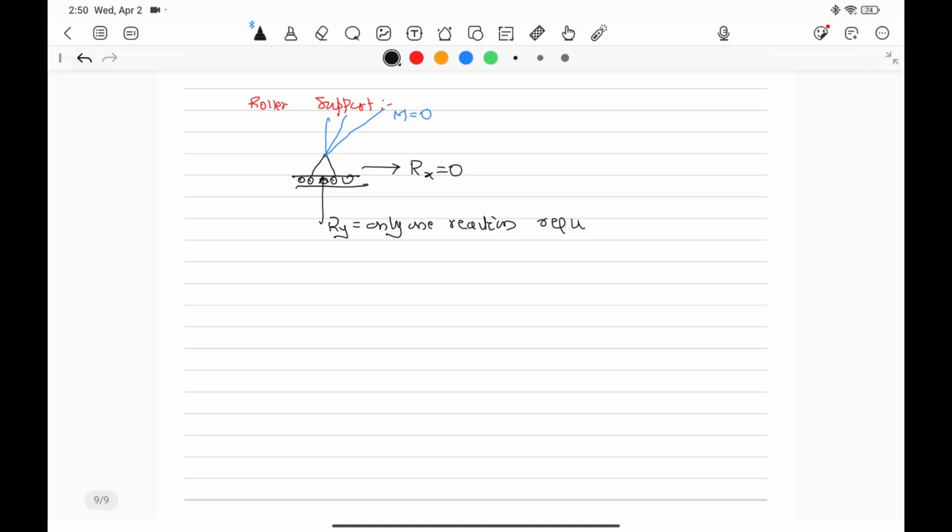Now can we summarize it? Type of support, then symbol, and number and type of reactions required.